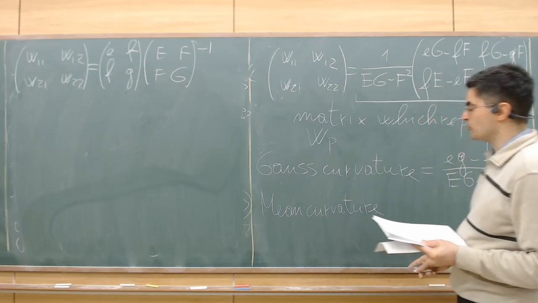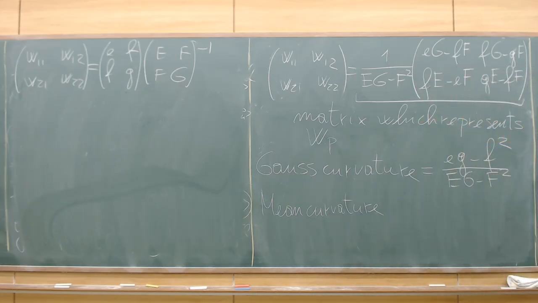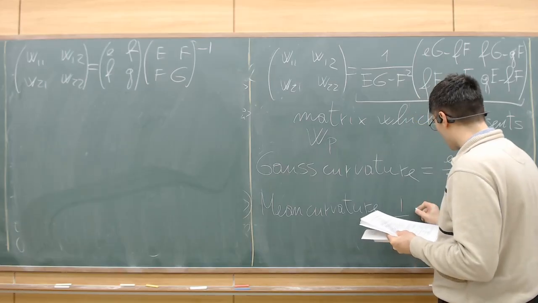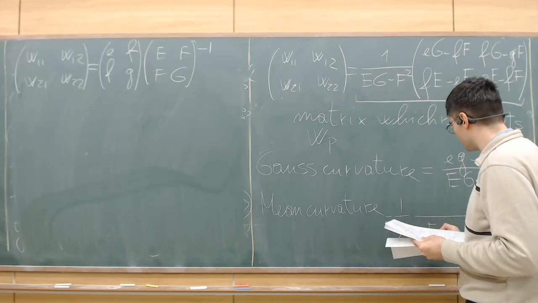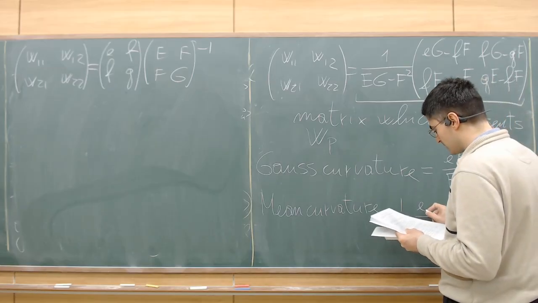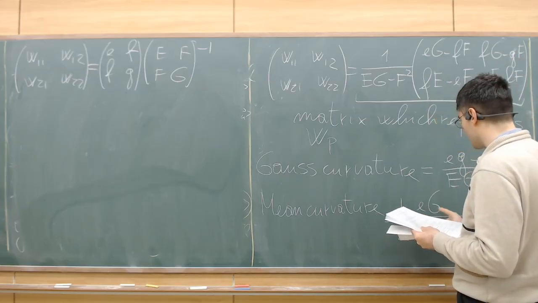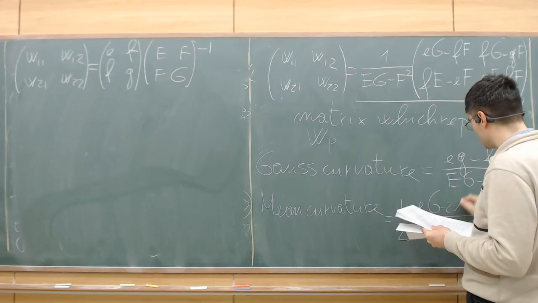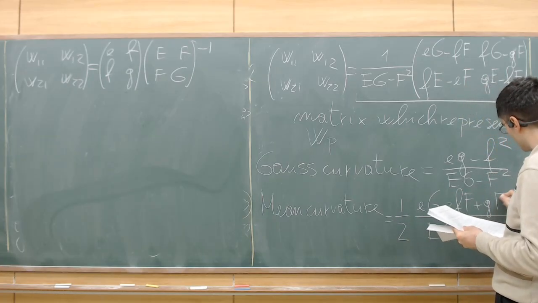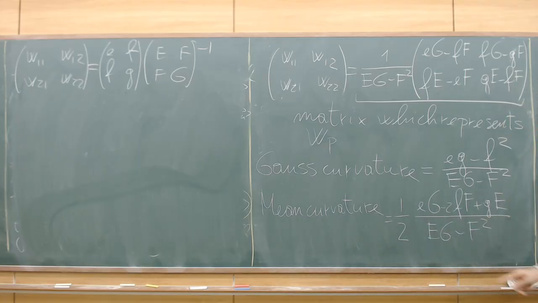Instead, the mean curvature, which is defined to be 1/2 the trace of this matrix, is equal to 1/2 E capital G minus 2 F capital F plus G capital E divided by 2 Eg minus F squared.